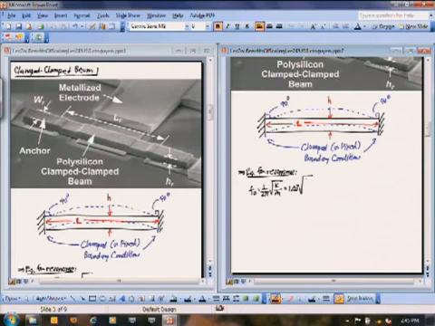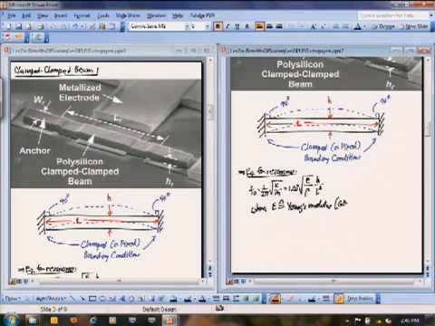where in this expression E is the Young's modulus of elasticity. This is really just a material property that has been measured in the past and tabulated in many different books. Usually that's given in dimensions of gigapascals, which is the SI unit for this.